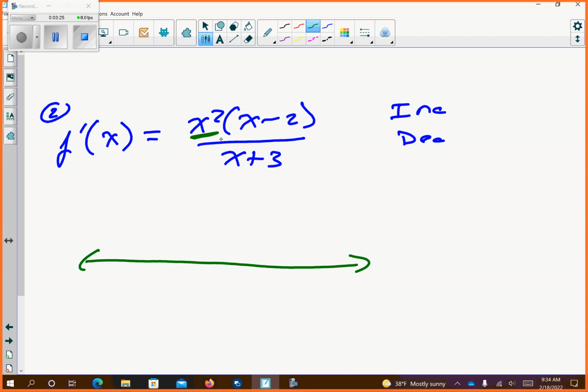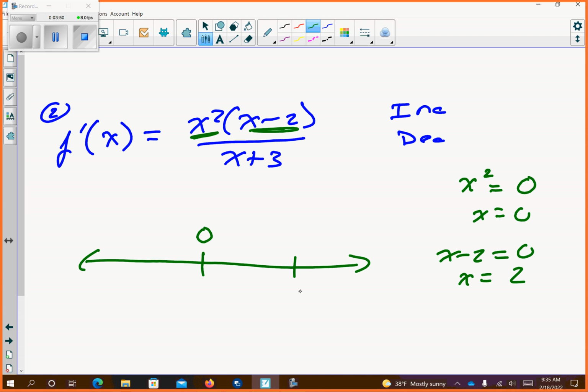If this was set equal to 0, I get 0, right? So 0 is one of our critical values. The reason that's a critical value is we already have the derivative, so we're setting the derivative equal to 0. If I set this equal to 0 and add 2 to both sides, bless you, I get 2.